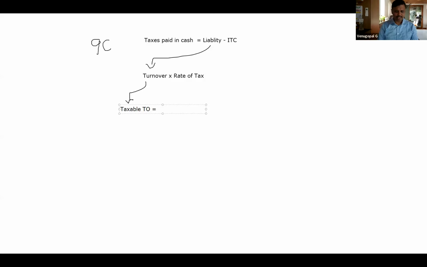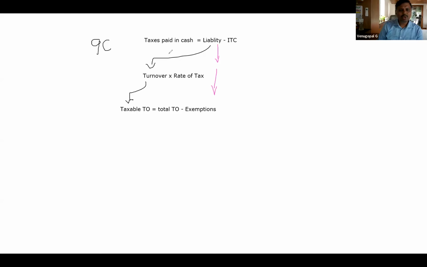And how do you get it? Your total turnover minus exemptions. This is how you will derive your liability. So the liability to be paid in cash month over month is derived in this fashion.